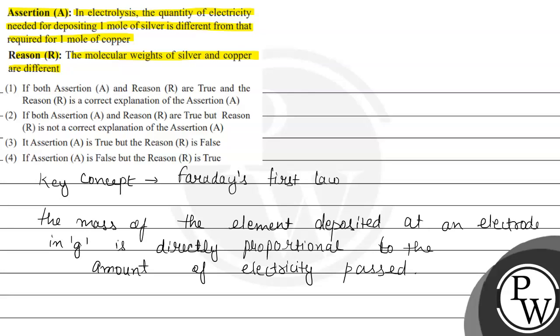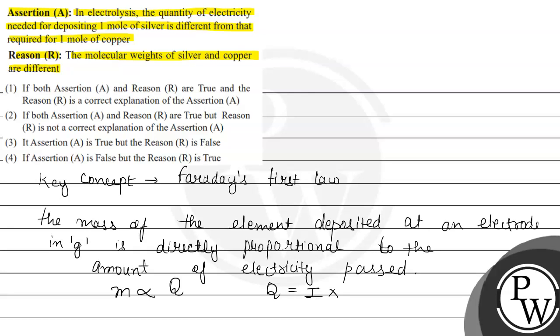And the electric current gives the number of coulombs flowing in seconds. So first, mass is directly proportional to the amount of electricity, and this Q is equal to current multiplied by time. Q represents the charge.